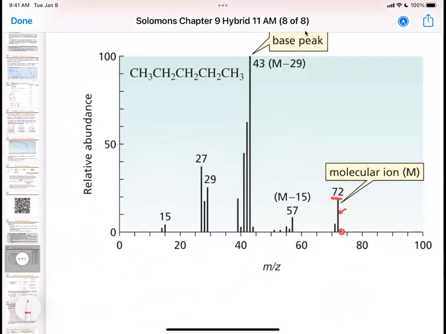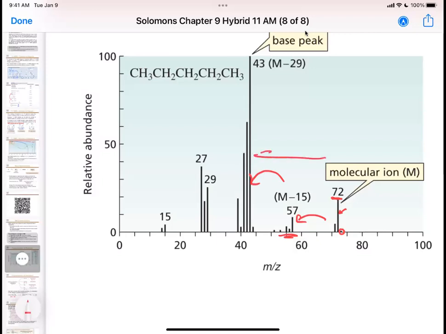Now look what we have here. Our next fragment here is 15 mass units below our molecular ion peak. Carbon's 12, hydrogen's 1, so a methyl group is 15. So it lost a methyl group. And guess what? This one right here is 14 below.